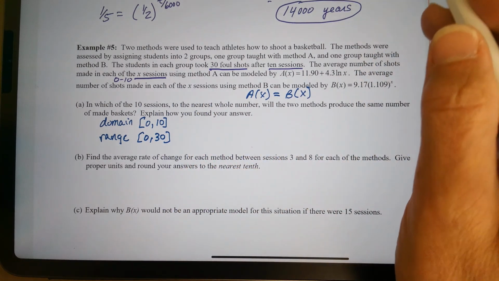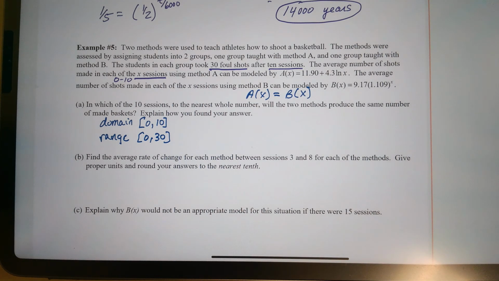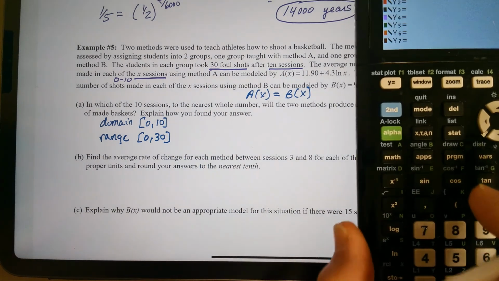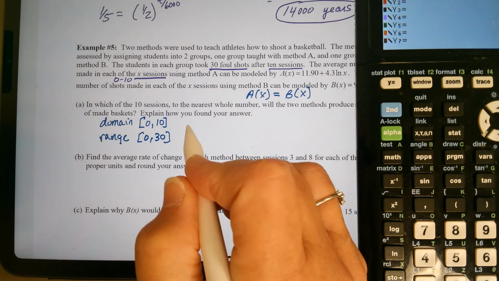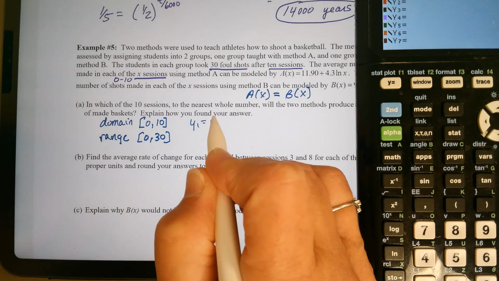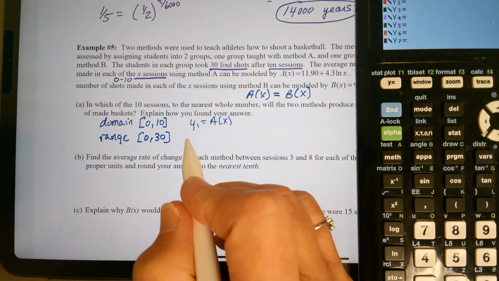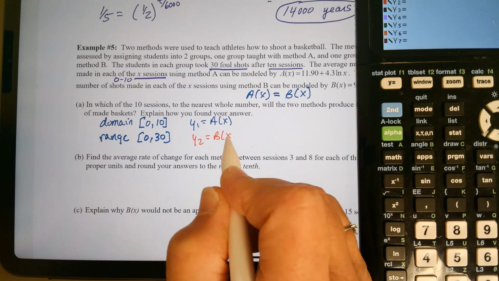So A of x, we'll put A of x into y1, and when we look at the graphing calculator, y sub 1 is in blue, so I'll use blue for A of x, and red for B of x.